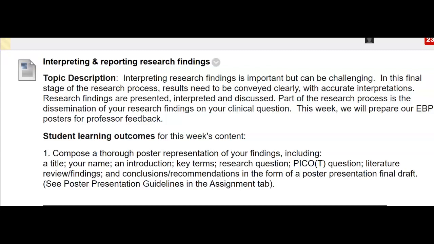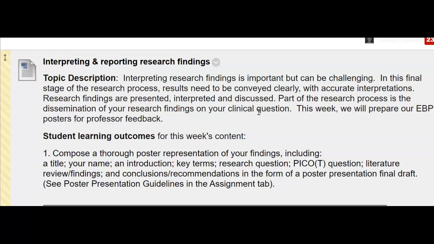So this week, we're actually preparing our evidence-based practice posters so that I can provide you with some feedback so that you can finish up with doing a poster presentation. So this week, you're going to read chapter 14, which I would recommend you start off right off the bat with, and then compose a thorough poster representation of your findings.